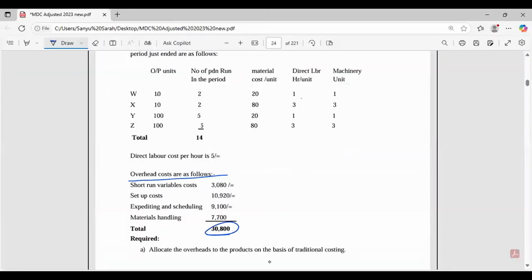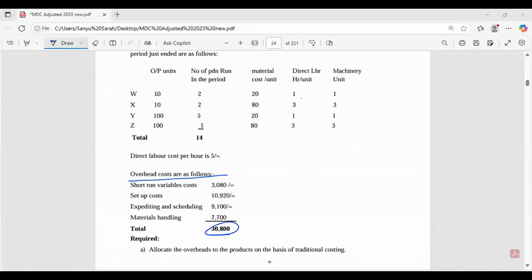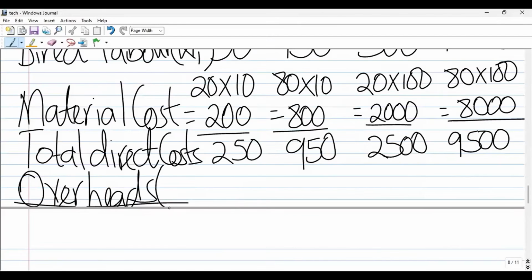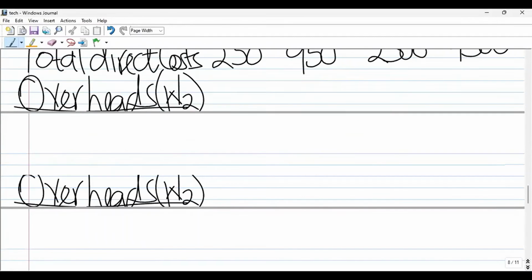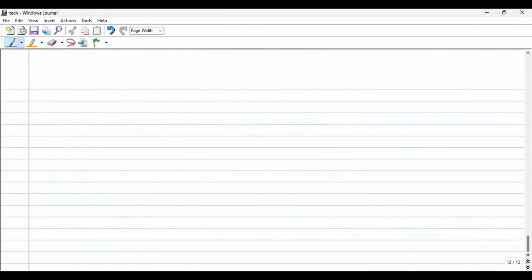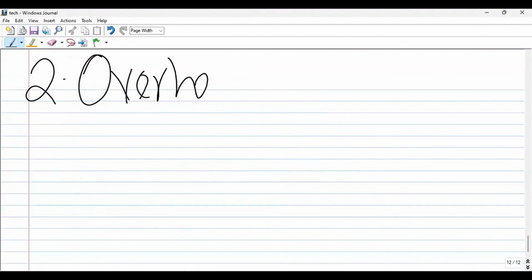So this is where the traditional costing system principles are going to be used when we are allocating the overheads. So I'm going to come and say working 2. Reason being, we cannot allocate overheads without using an overhead absorption rate. So I go under working 2 and I show that we are looking for overheads.